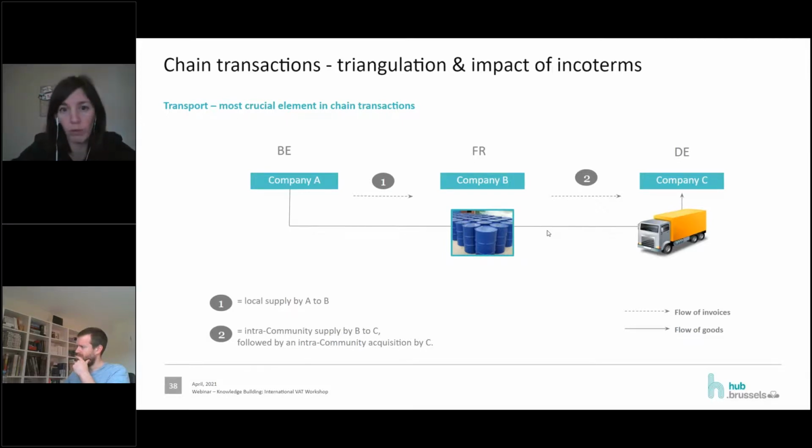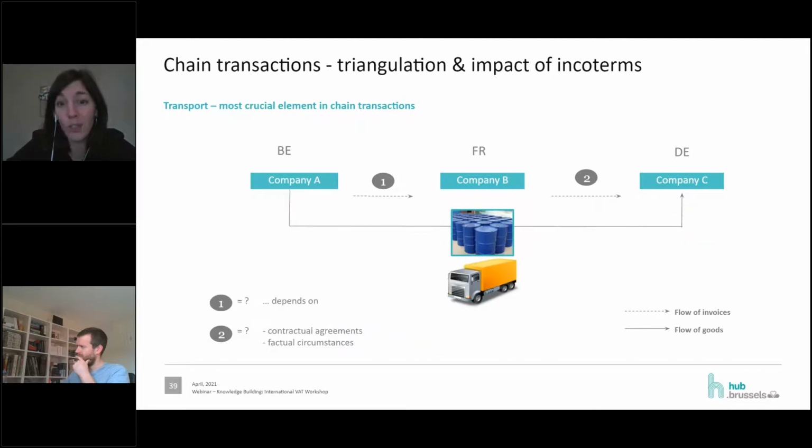So the tricky one is when the French company is responsible for the transport. There it depends on the contractual agreement, factual circumstances, who pays the transport invoice. So this will be really the tricky one, whether or not we need to allocate the transport to the first or to the second supply.